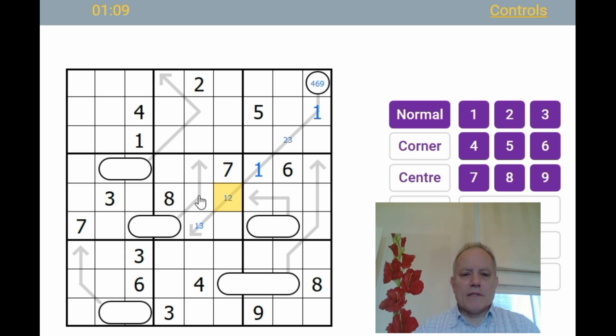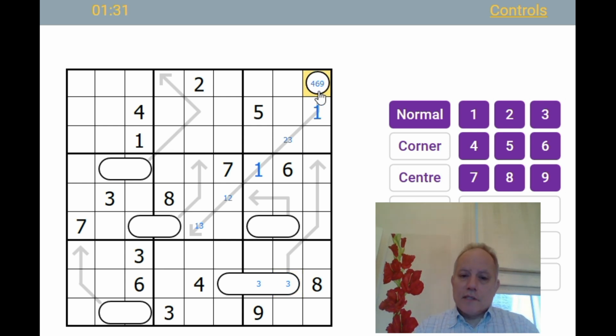Is there any regular Sudoku stuff that we could achieve? Not really. There must be a 3 in one of those 2 cells from that 3 and that 3. And that might help when we get nearer knowing what that number is.